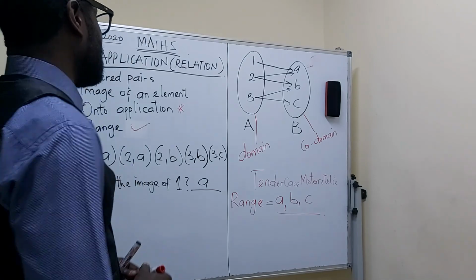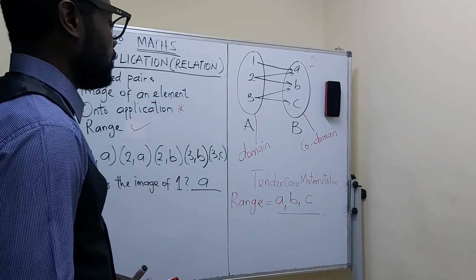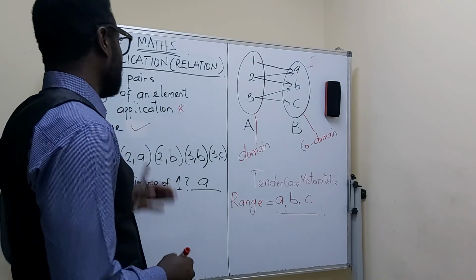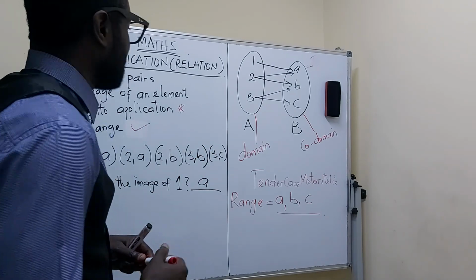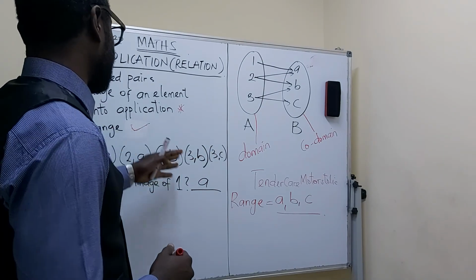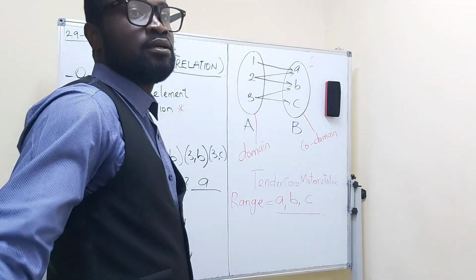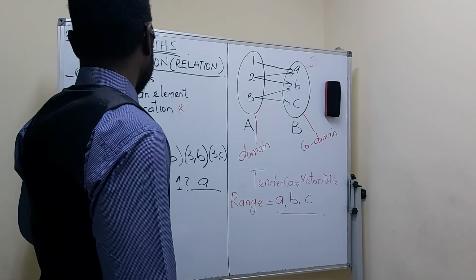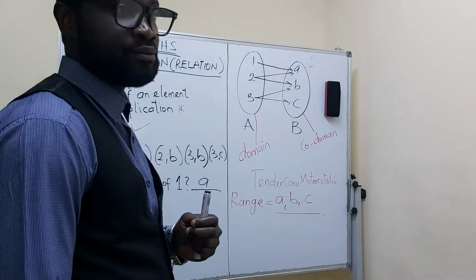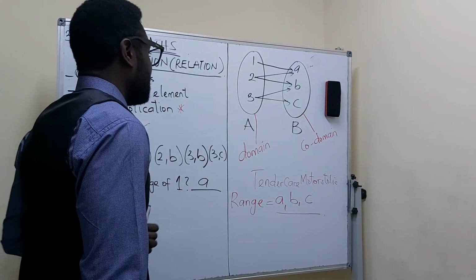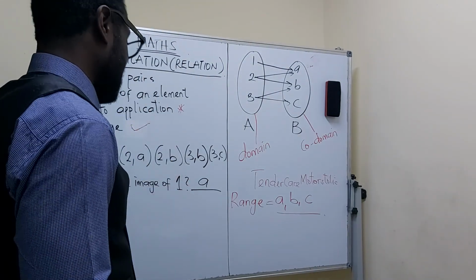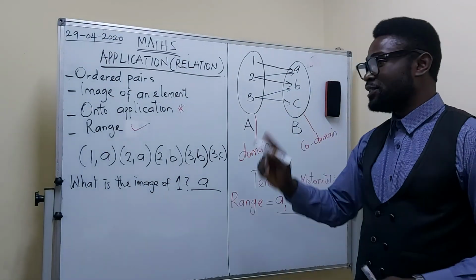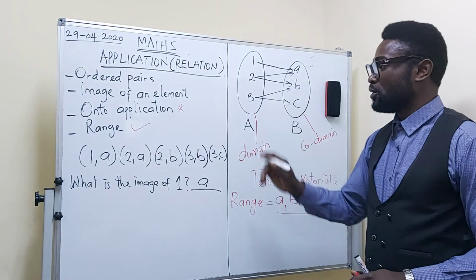Now, when we speak of onto, a lot of you are confused. This is why I explained range before onto. Onto application has got a lot of things to do with the range of an application. Now, what are we saying? We can speak of an onto application only, watch it, only if the range is equal to the codomain.